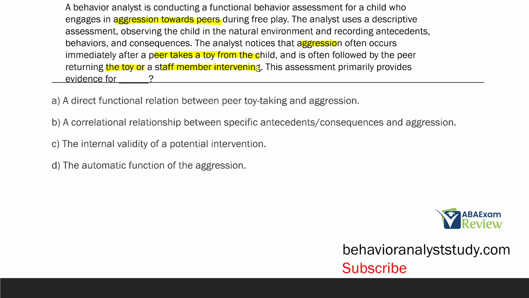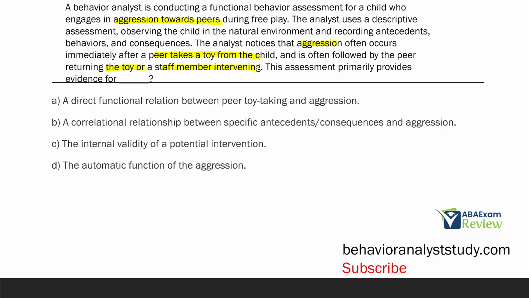When we are just observing and using something that is descriptive, we're looking more at a correlation. So if we look at a direct functional relation between territory taking and aggression, there appears to be a relationship, but we have not yet experimented or intervened or measured anything where we can say for sure there's a direct functional relation.